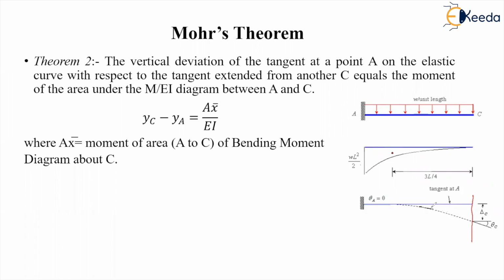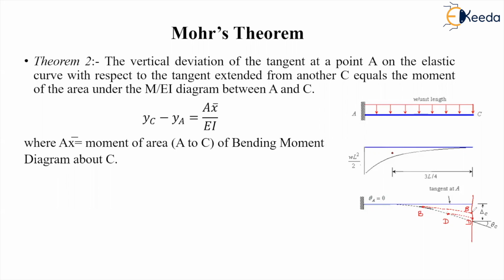So I can take the tangent of B at this vertical line, and I can take the tangent of D also. Tangent of B I have taken, tangent of D I have taken.